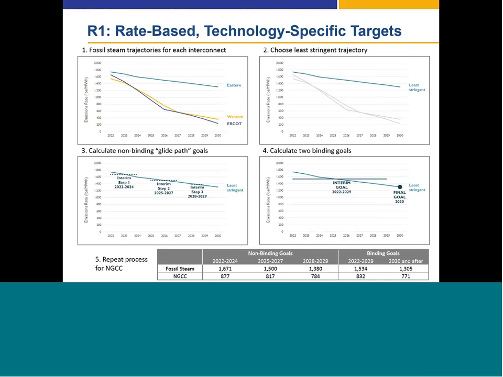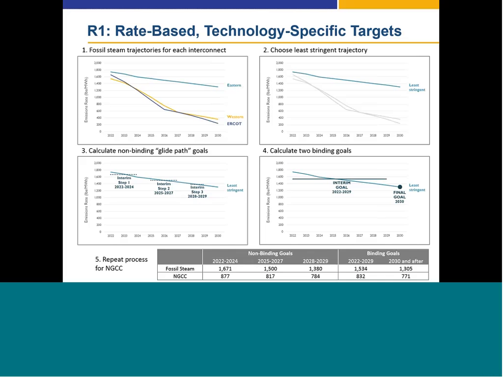We have an emissions rate for each of the 2 technologies, fossil steam shown here and NGCC, for each of the years in the compliance period from 2022 to 2030. You can see that in figure number 1, that those are depicted.